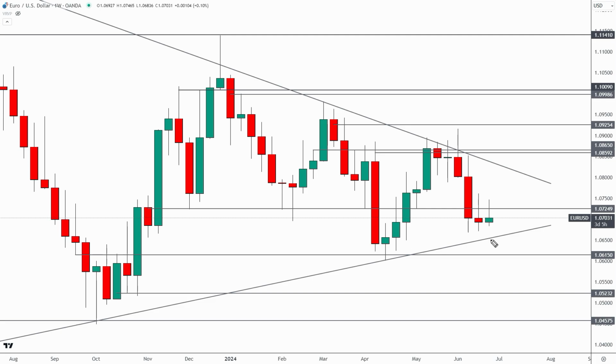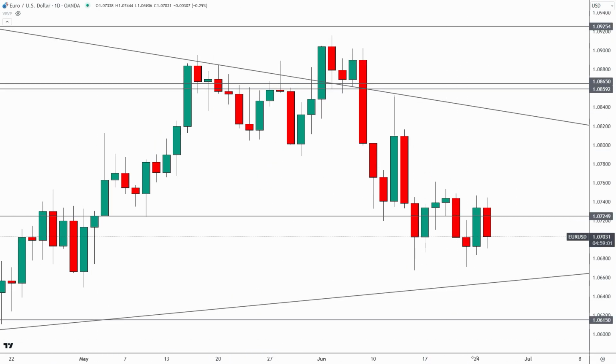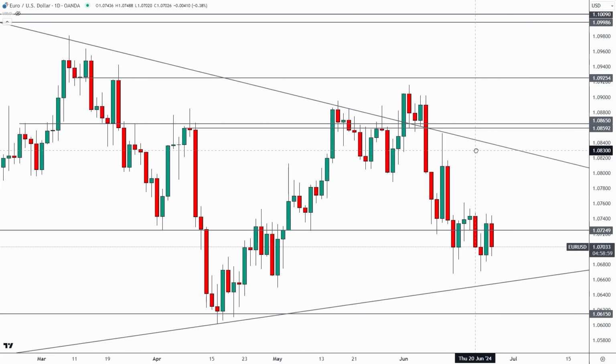Now, the tricky part for the EURUSD right now is, and I also mentioned this over the weekend, that if you are trying to short this from this area up here, okay, so this area up here around 1.0725, you've got to keep in mind that this level down here is that November 2022 trend line. Okay, so we haven't quite seen it tested down here at these lows.